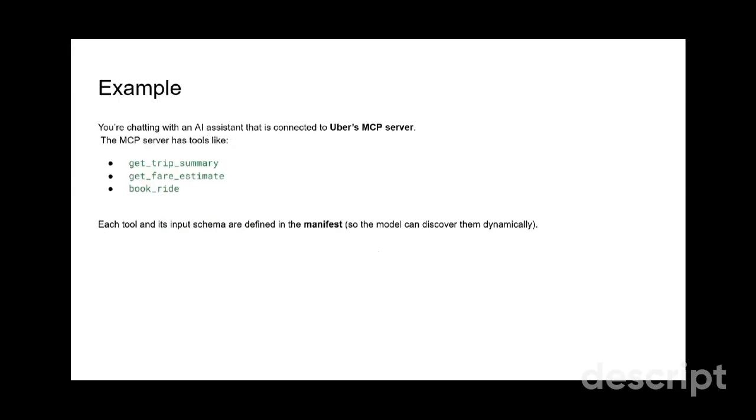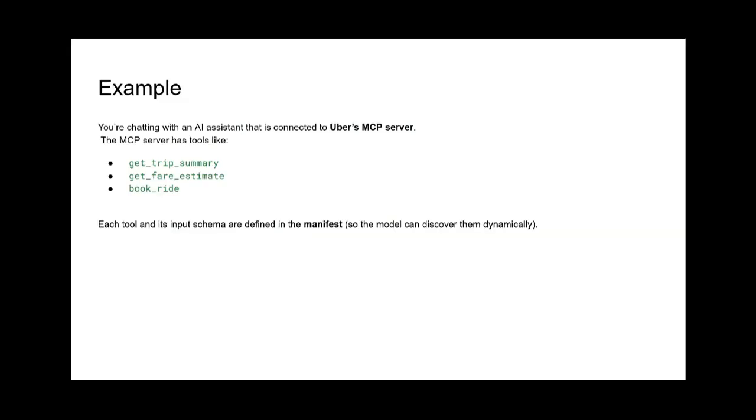Let's take a very simple example: we have an AI assistant and it is connected to Uber's MCP server. As soon as we connect our systems to Uber's MCP server, auto-discoverability starts. Unlike telling our systems which APIs to consume, there is a manifest file in MCP servers which helps the models discover the tools themselves.